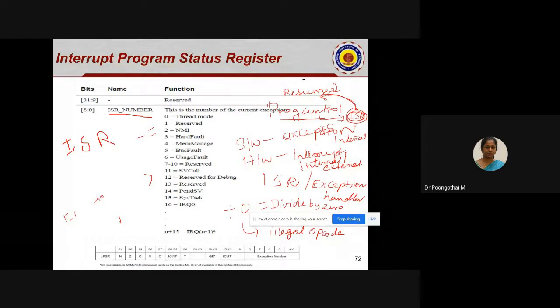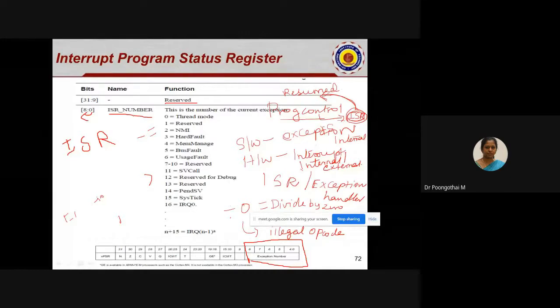Bits 9 to 13 are reserved for future modification, and it utilizes only bits 0 to 8, that is the last 8 LSBs.